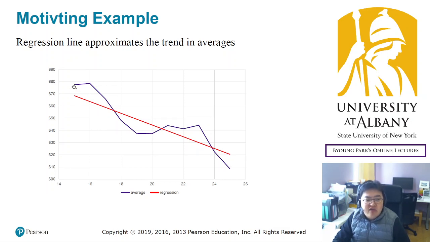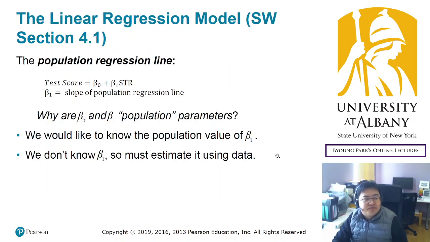And then we draw one straight line that goes through those averages. So we summarize the data into these two steps: conditional expectation and approximate by a line.